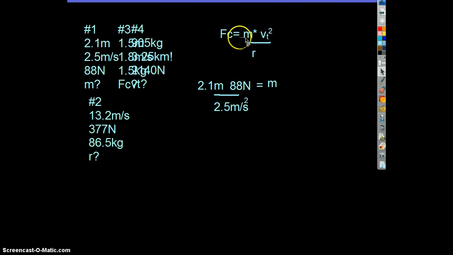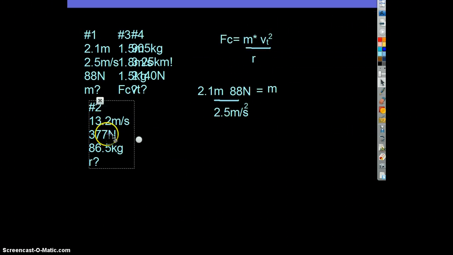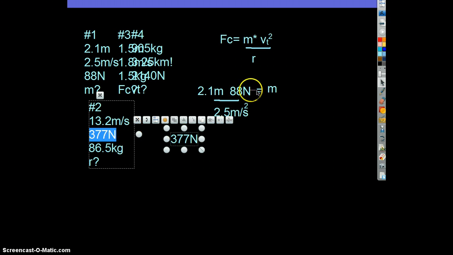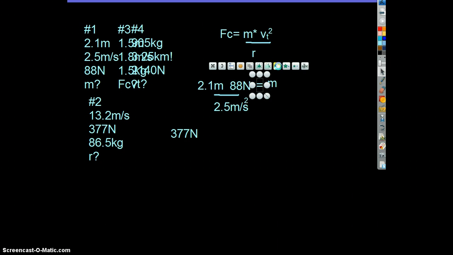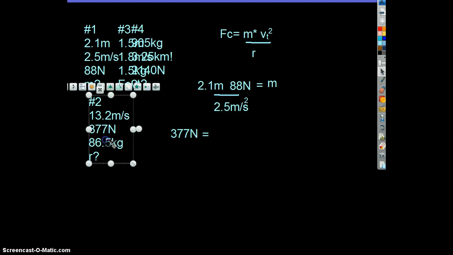So in this case, we got all the stuff on top here, but we do not have the radius. So there we go, 377 here. Again with the equal sign. Always helpful to have an equal sign. I got a mass.